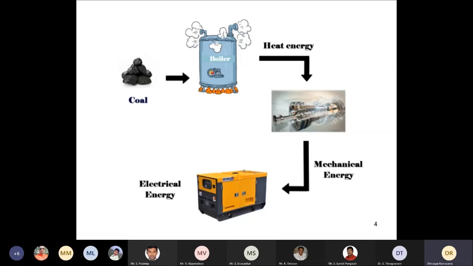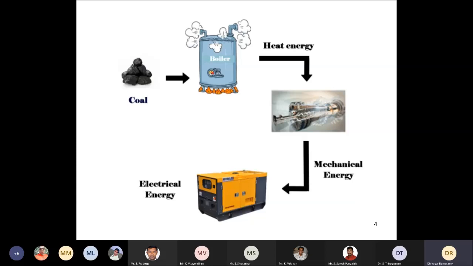Again, the energy conversion is repeated here. The heat energy is converted into mechanical energy, and the mechanical energy is converted into electrical energy. I am giving this electrical energy to a fan. We all have fans in our homes, no? So I am giving electrical energy to the fan. The fan blades are rotating. That is kinetic energy.